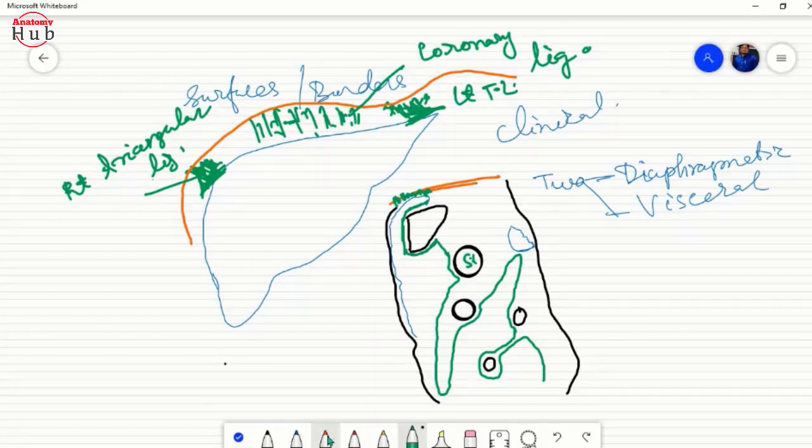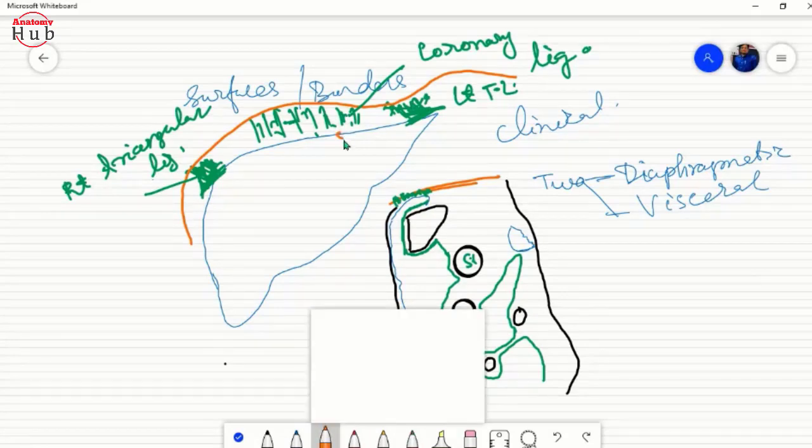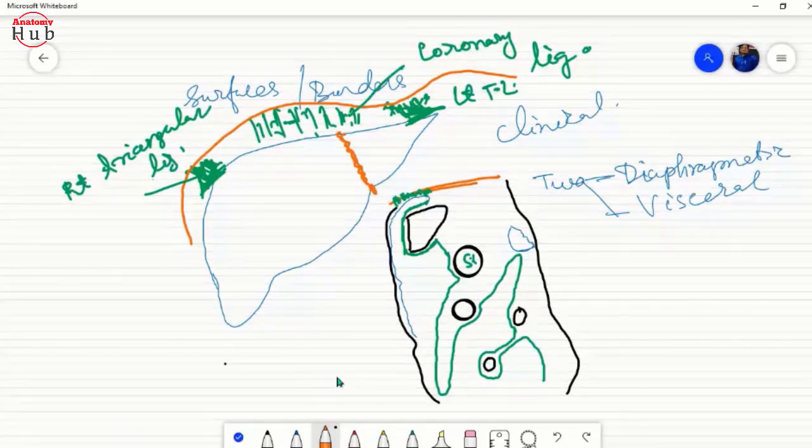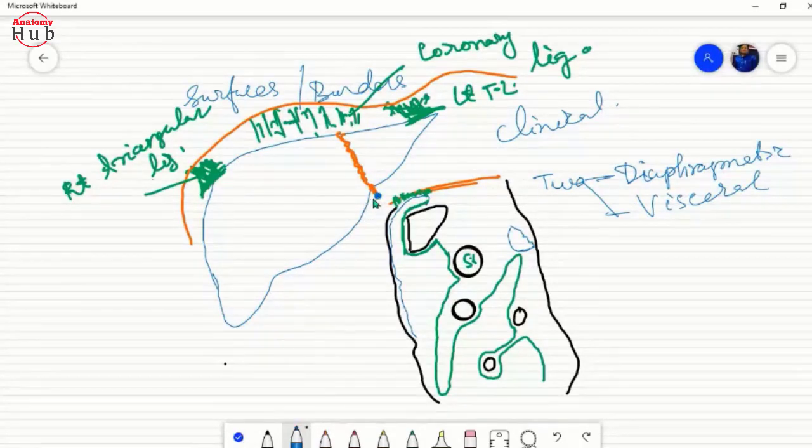Okay, so here we will find another ligament. What is this ligament? Falciform ligament. And at the inferior margin of the falciform ligament, here you will find another ligament, the ligamentum teres hepatis. This is nothing but the obliteration of your left umbilical vein.